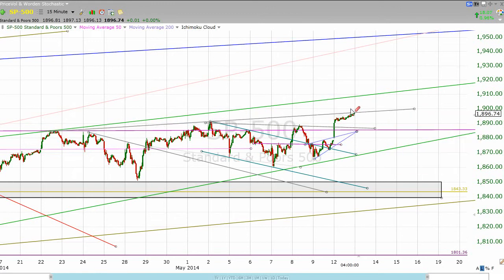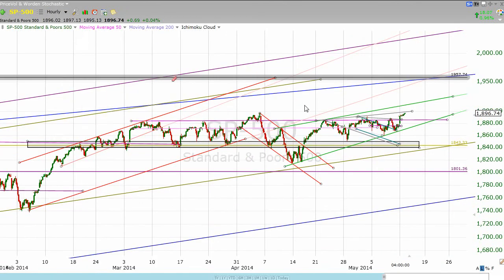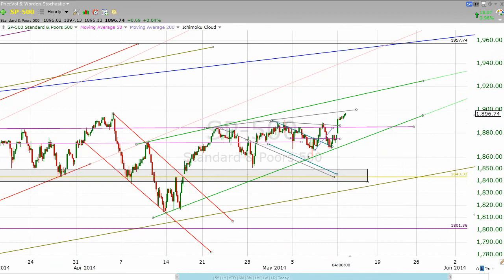If so, let's see if we end up with some support this time at about 1884, 1885. This area where we closed today is also very near, I'm going to have to move in just a little bit here. There we go.